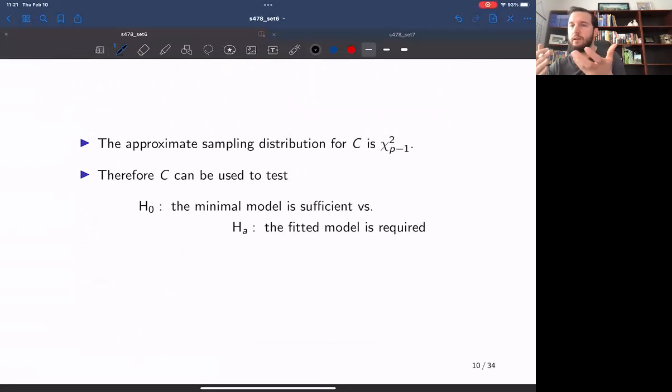So it's two different types of tests, and both can give a suggestion about whether or not the fitted model is valuable to us. Now, in this case, C is going to have a chi-square distribution on P minus 1 degrees of freedom.